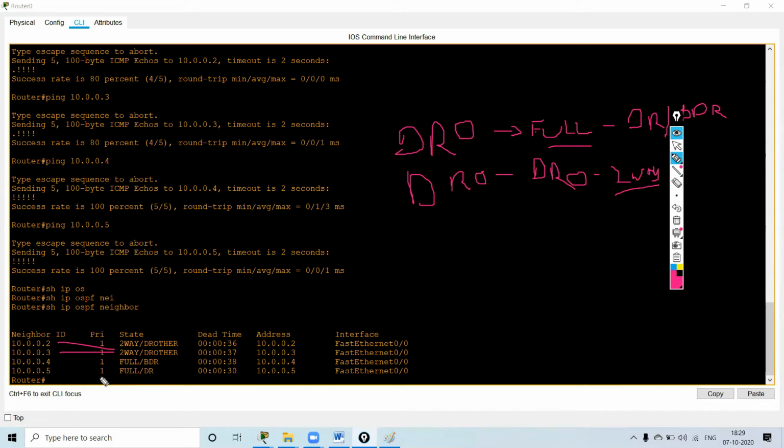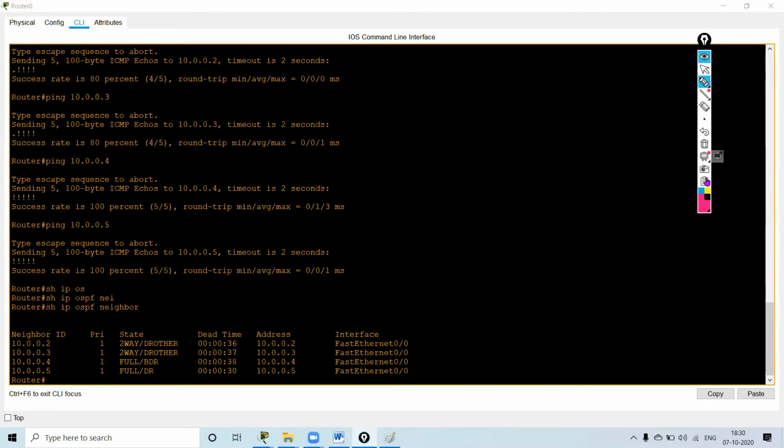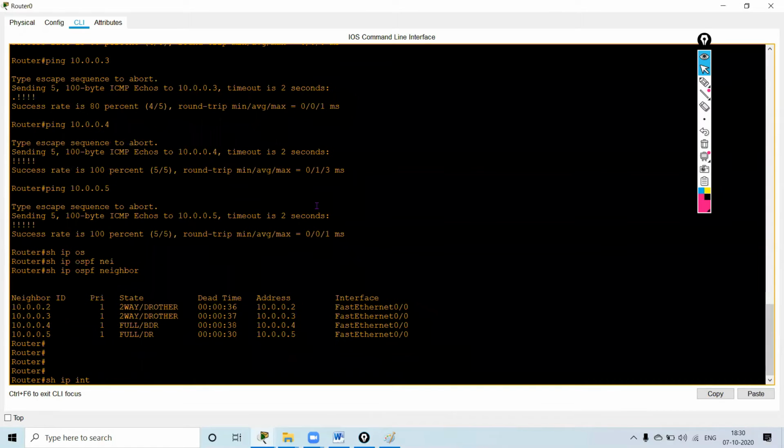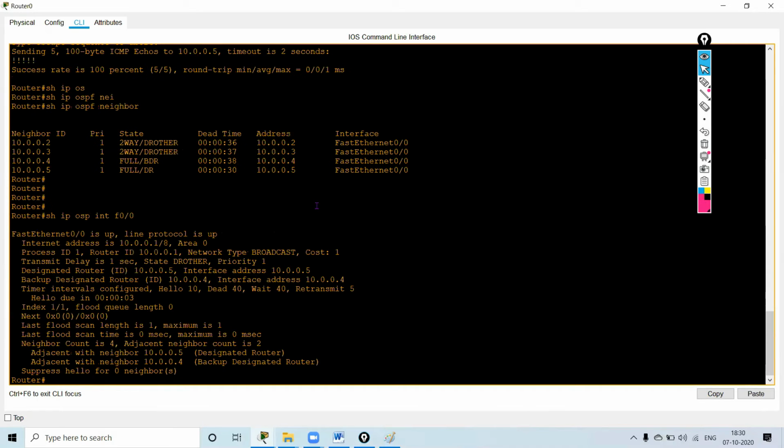Okay, why did these routers become the DR and BDR? Because this has the highest router ID, and this has the second highest router ID. That is why these routers became the DR and BDR. Okay, now show IP OSPF interface FastEthernet 0/0.